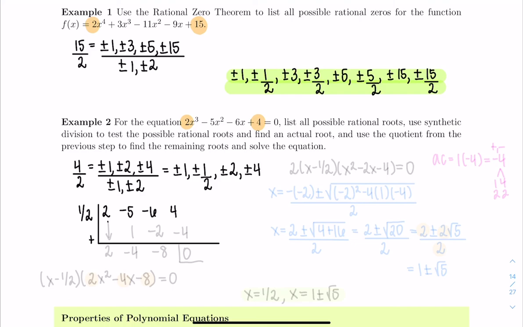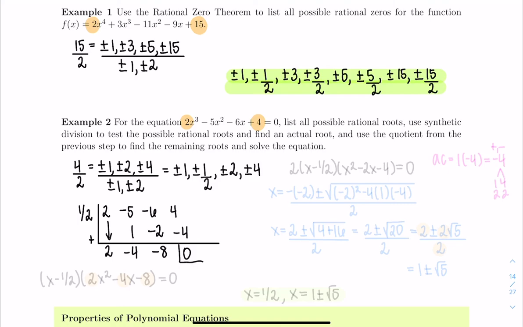We want to bring down the first term. We've got 2 times 1/2, which is 1, and -5 plus 1 is -4. -4 times 1/2 is -2. And -6 plus -2 is -8. And -8 times 1/2 is -4. And 4 plus -4 gives me 0. And so that means that 1/2 is one of our roots.